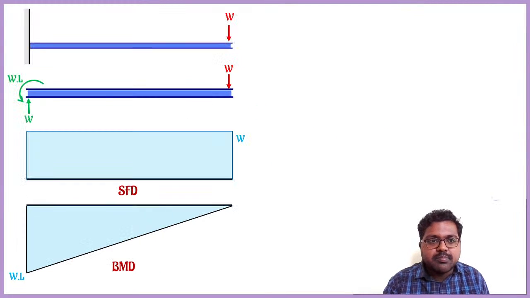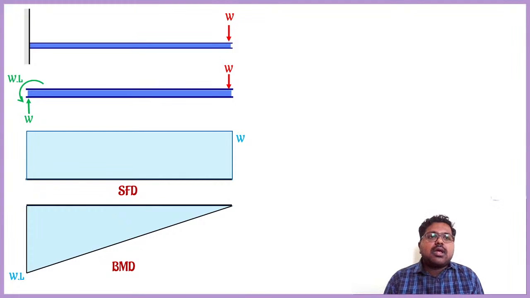So if you see it in a simplified form, a cantilever beam subjected to a point load or concentrated load at its free end, we found out the reactions at the supports first of all, then we draw the shear force diagram and bending moment diagram.